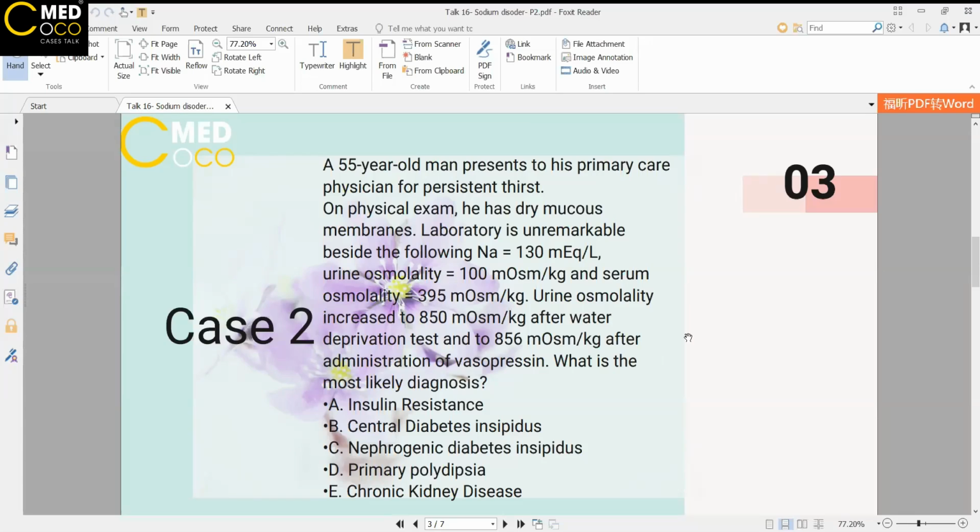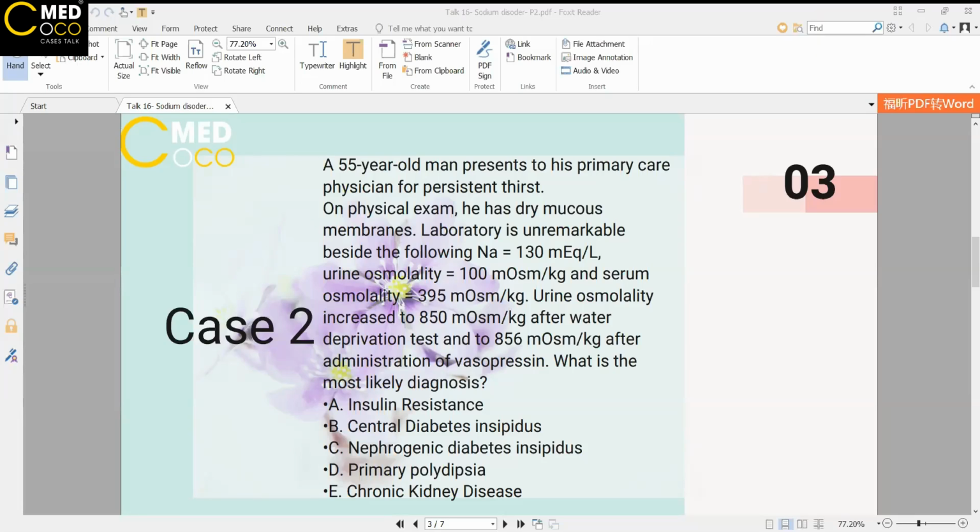That means they have some issue with ADH.